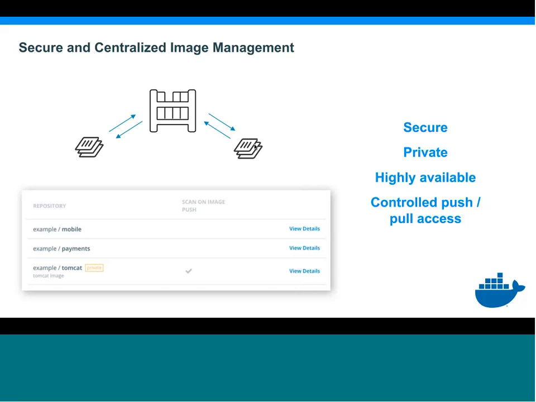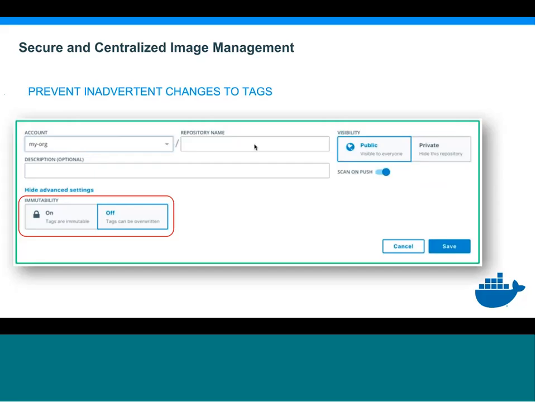You're not limited to just one. You can create as many as you want when you have the Docker software. But again, you can control exactly who's allowed to push software into the registry. You can control who's allowed to pull software out of the registry, and you can do things like verifying the signatures and enforcing scanning policies.